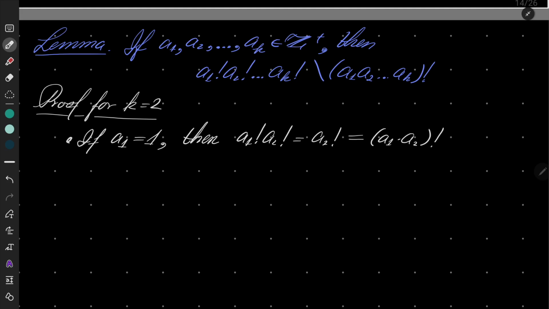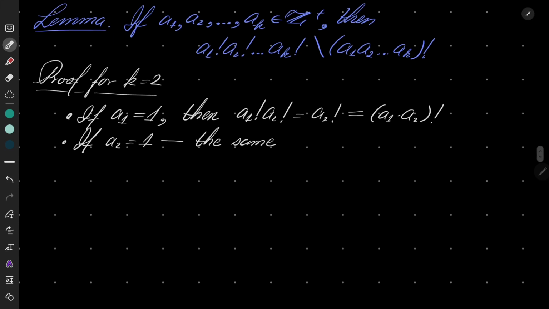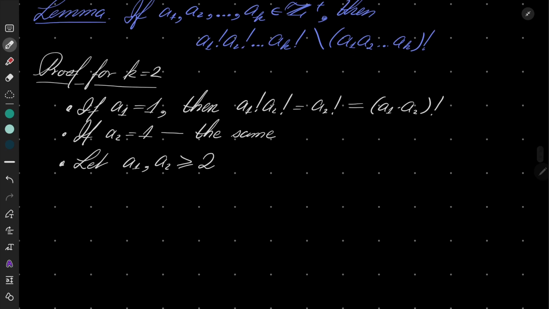So divisibility or even equality holds. If a2 equals 1, the same, we have equality. So now let's assume that we are dealing with integers which are greater than or equal to 2, both of them.